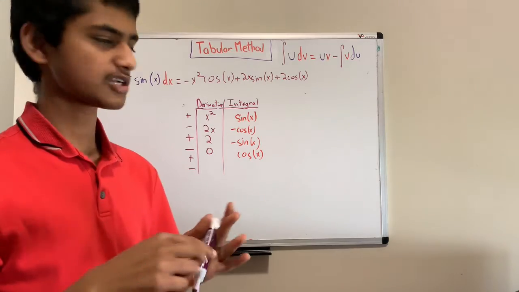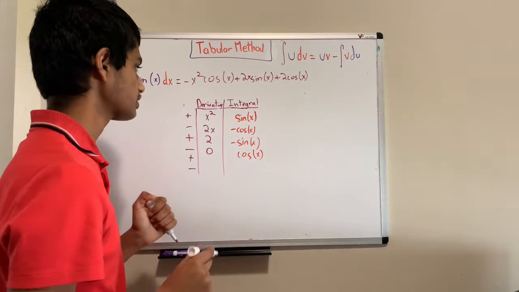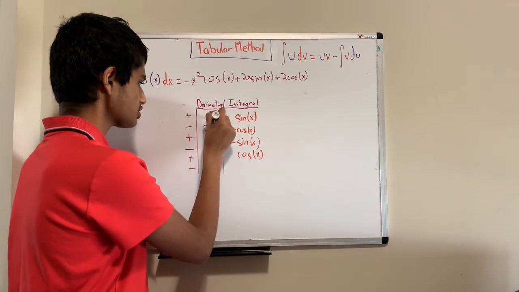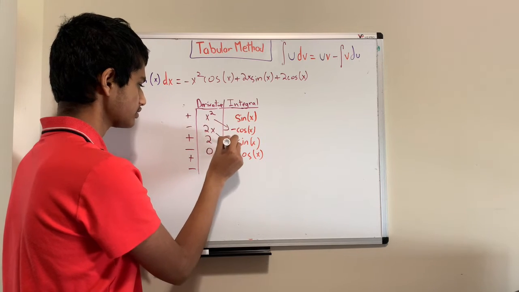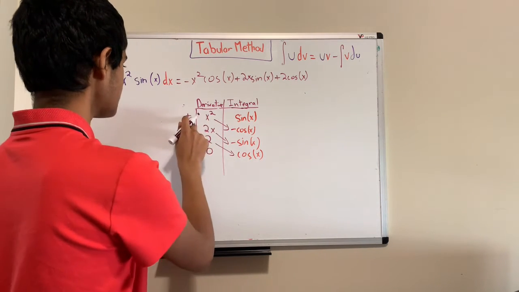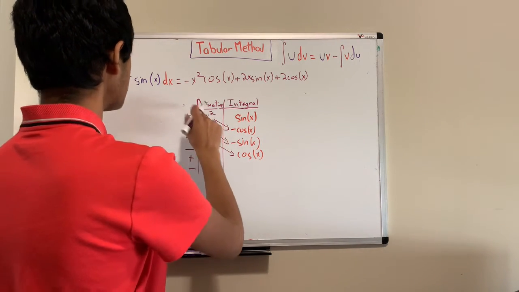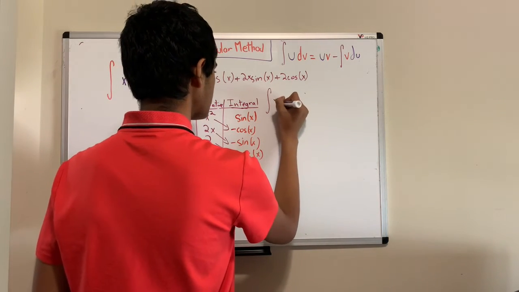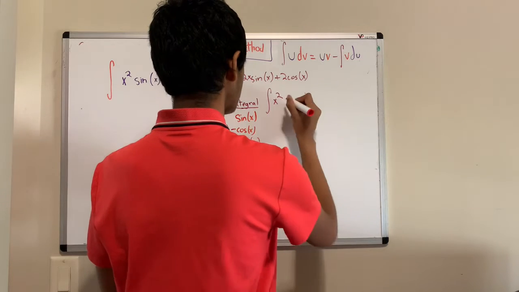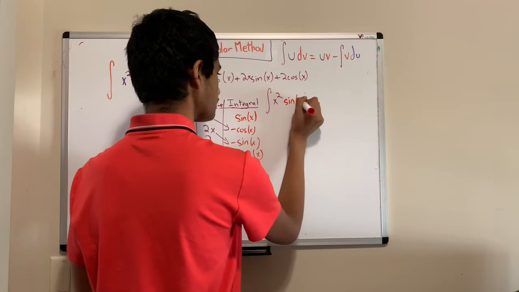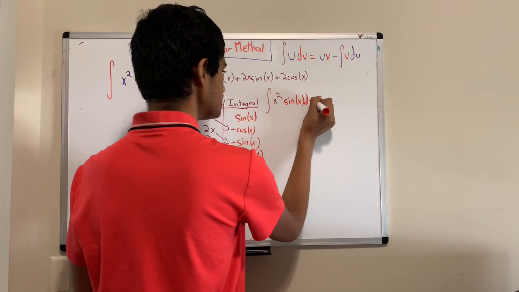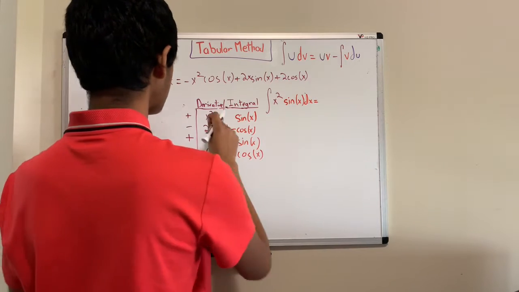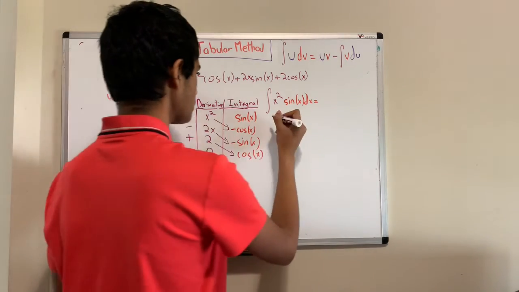Okay, so here comes the magic part. We already have our answer over here. And what we're going to do is combine the diagonals, keeping the sign in mind. So the integral of x squared sine of x is going to be equal to x squared times negative cosine of x.